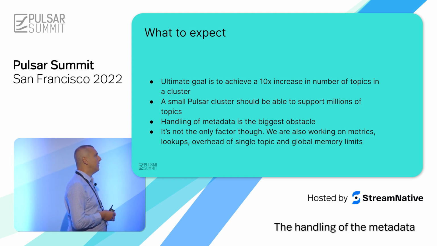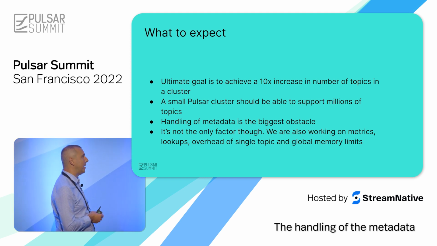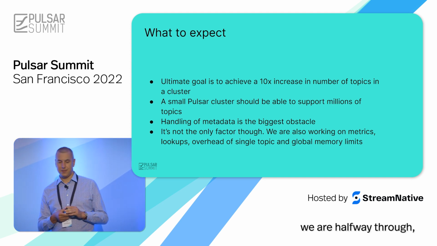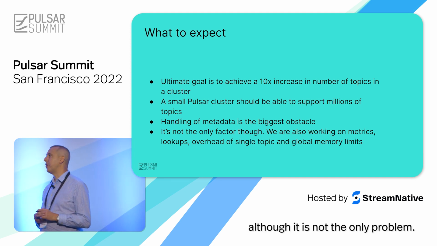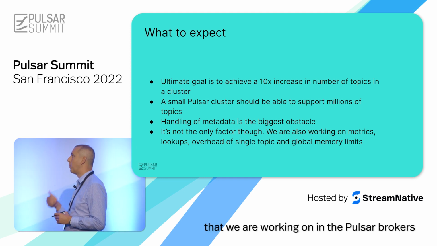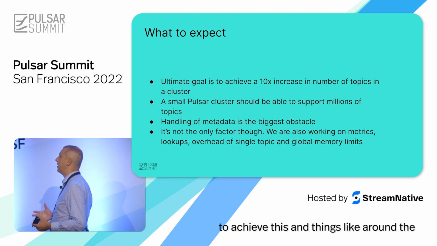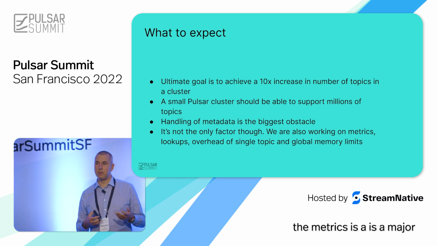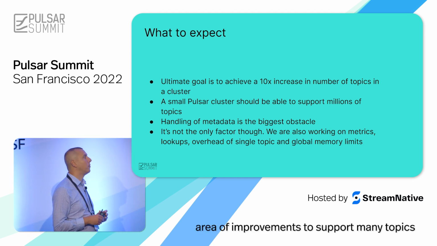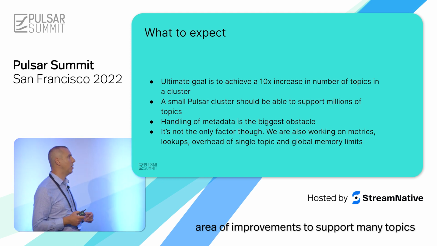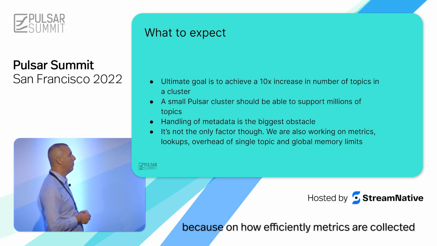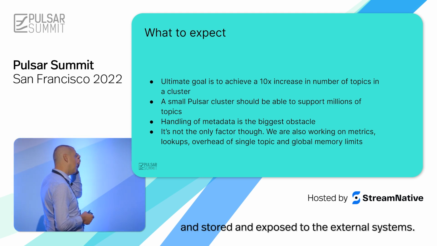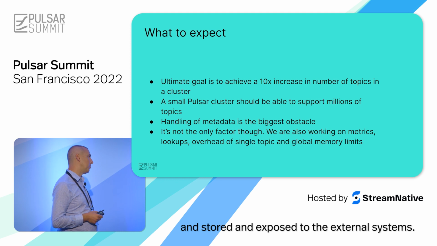And the handling of the metadata is the bigger obstacle, right? So if we can solve this problem, we are halfway through. Although it is not the only problem, there are also other problems that we are working on in the Pulsar brokers to achieve this. Metrics is a major area of improvement to support many topics, in how efficiently metrics are collected, stored and exposed to external systems.